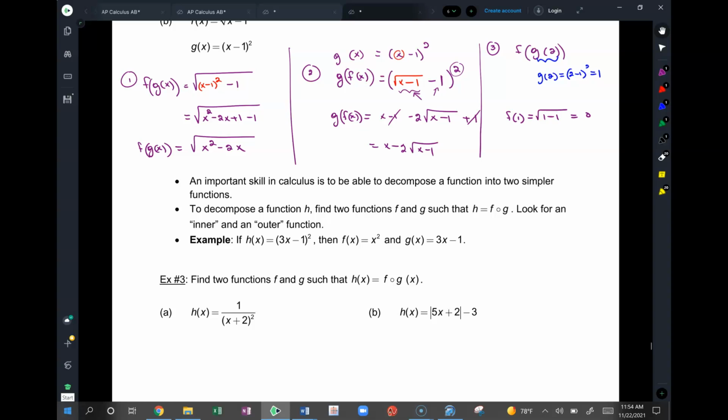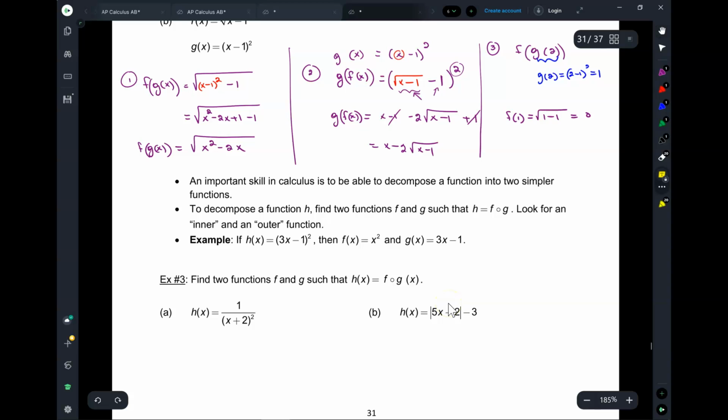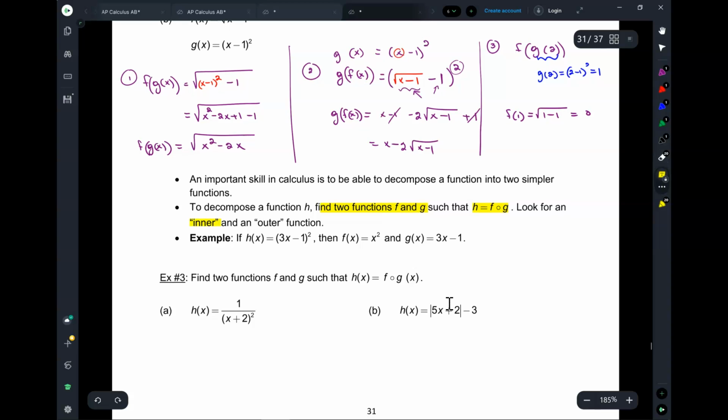So to decompose a function, we want to find two functions f and g such that h is f of g. A good tip or trick is to look for an inner function and an outer function.